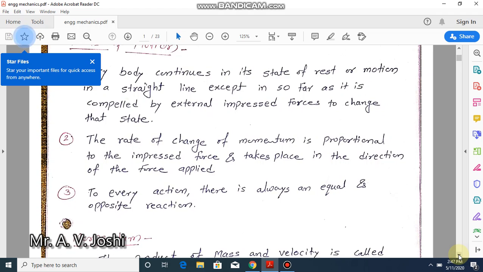Second one, the rate of change of momentum is proportional to the impressed force and takes place in the direction of the force applied. And third one, to every action there is always an equal and opposite reaction.